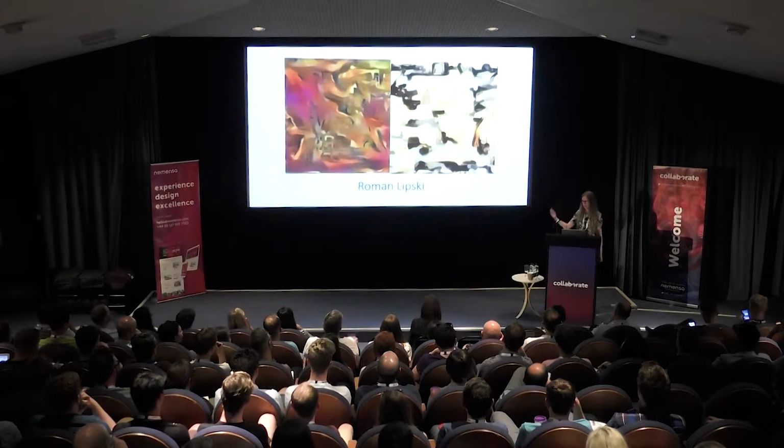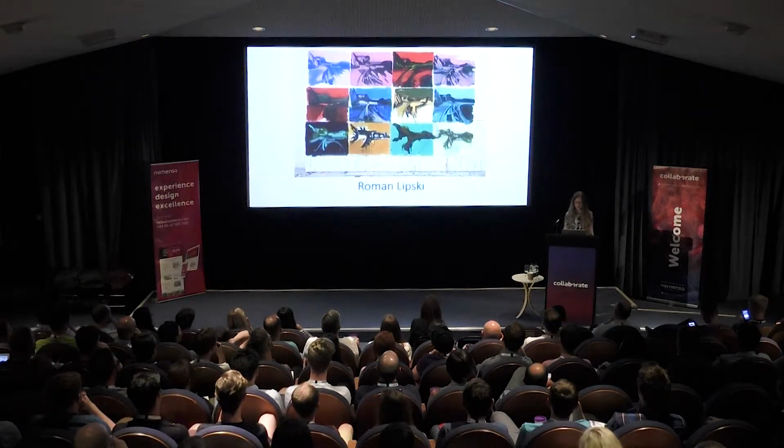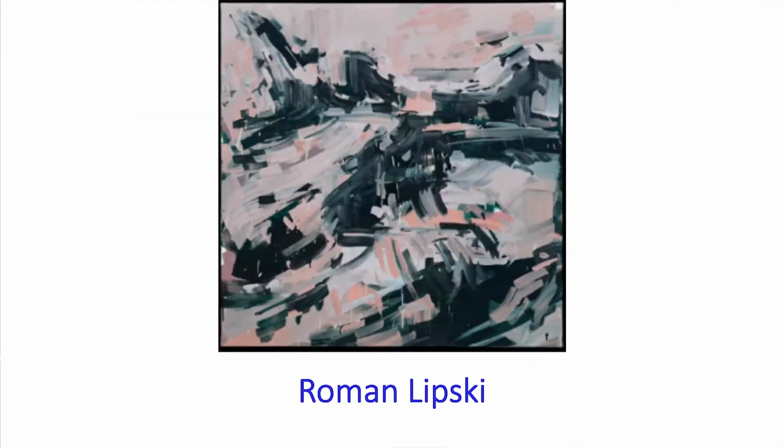So it became like a dialogue between the artist and the machine, where they each were creating art for the other and seeing how the practice of each other developed. And yeah, these are some images of the paintings.